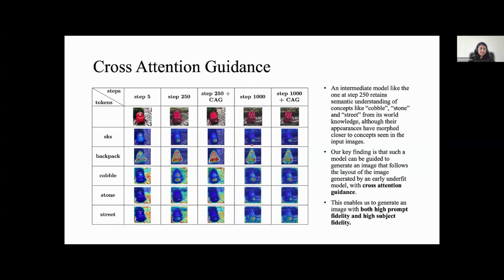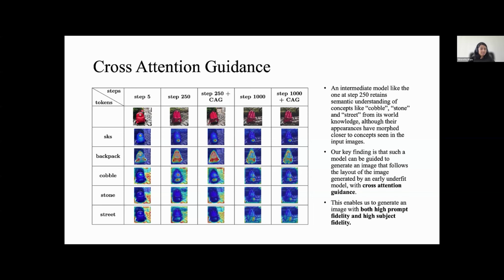So given this, an intermediate model, like the one at step 250, still retains semantic understanding of concepts like cobblestone and street from its word knowledge, although their appearances have started to morph closer to the concepts seen in the input images. So what do I mean by that? If you look at the step 5 image, there is a bush here.